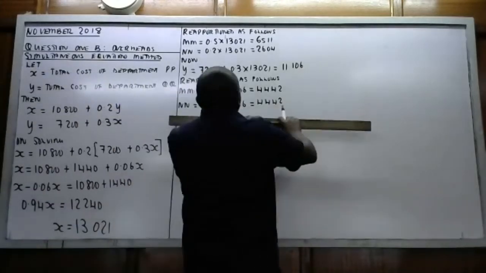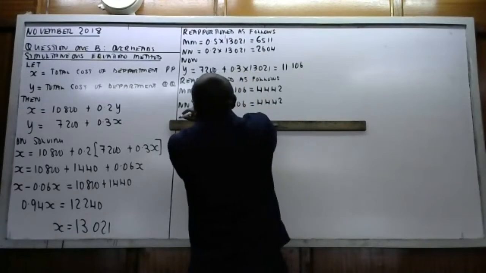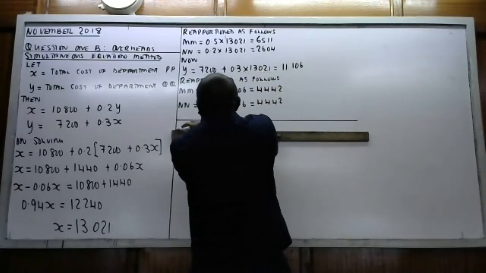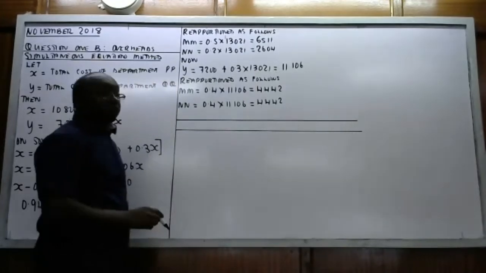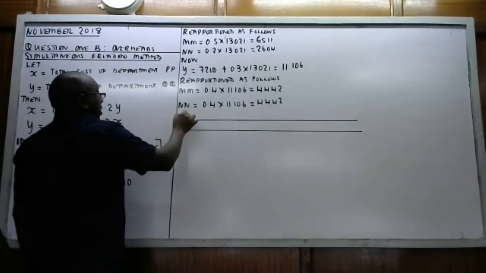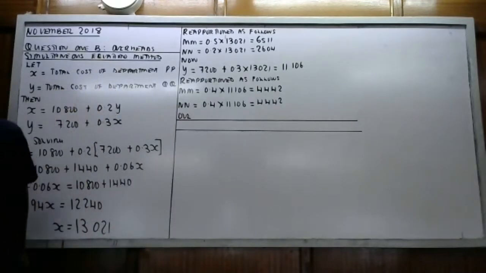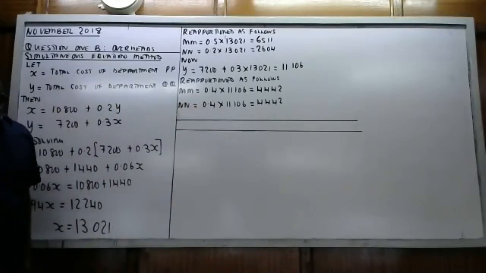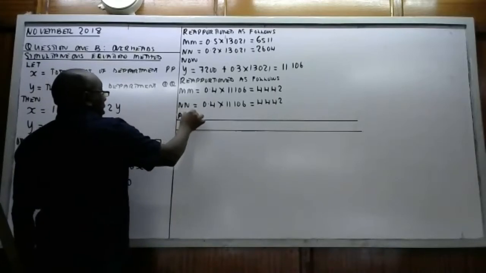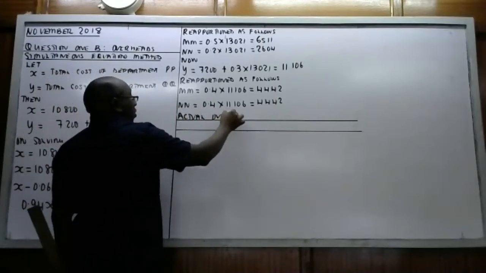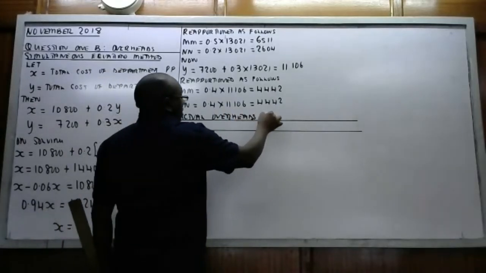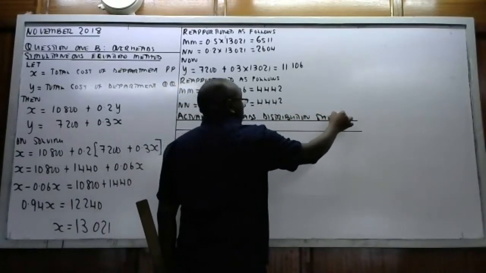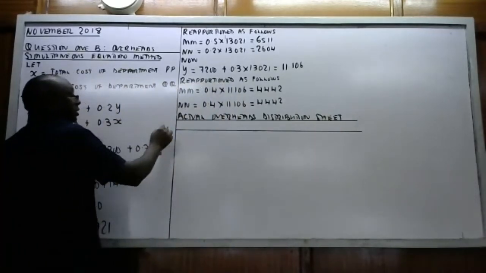So now, we get actual overheads distribution sheets.